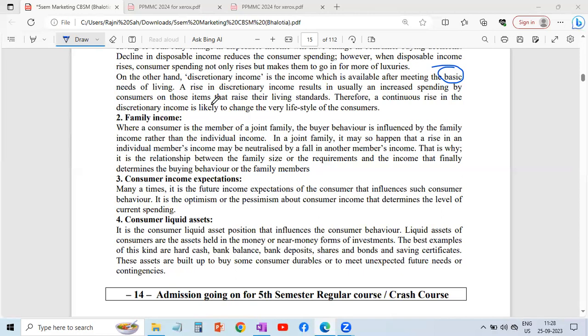Okay, now you can see that here, the income may be neutralized. So suppose four of us are there and we are earning around 1 lakh each. So 4 lakh per month. Okay. So 4 lakh per month, but somehow someone lost their job.